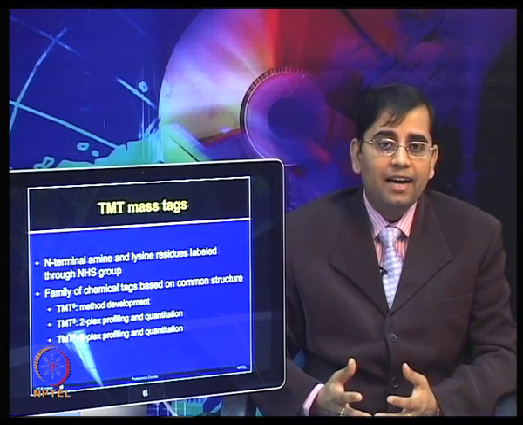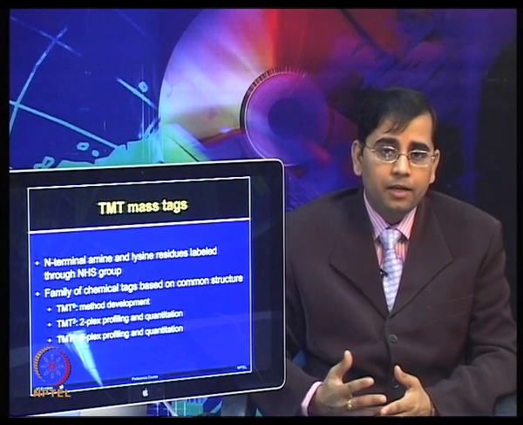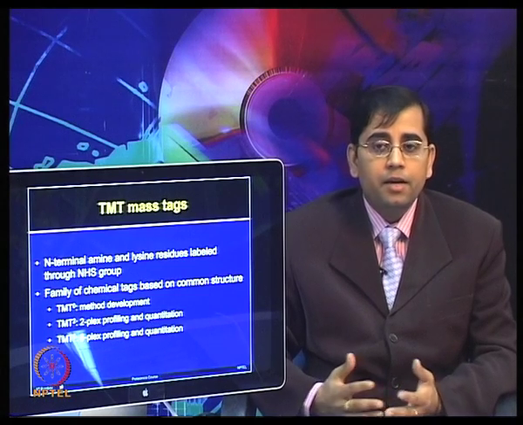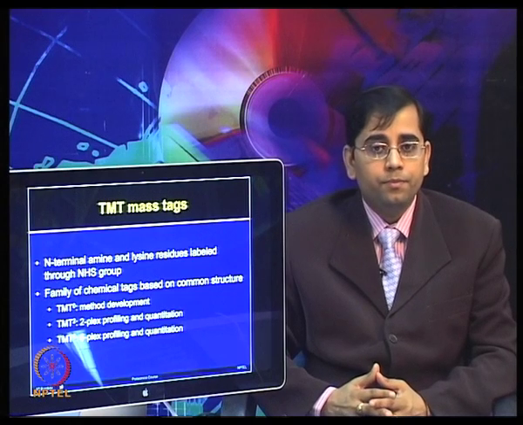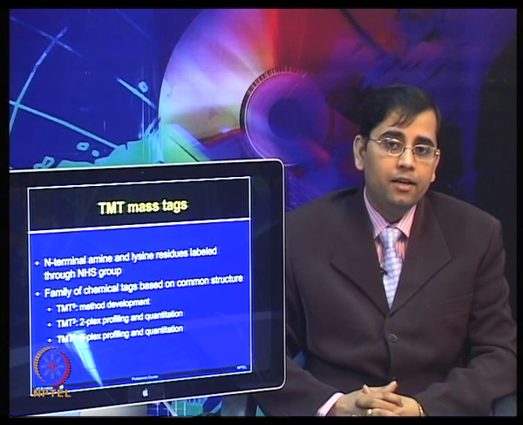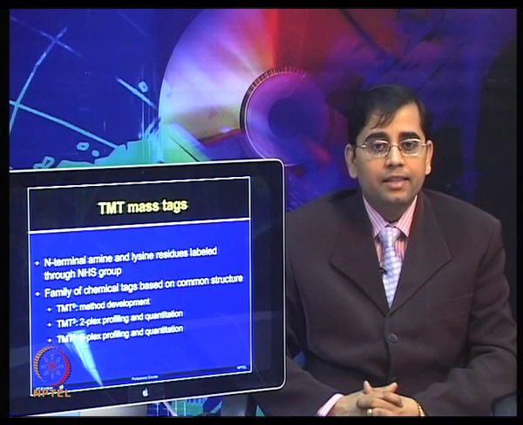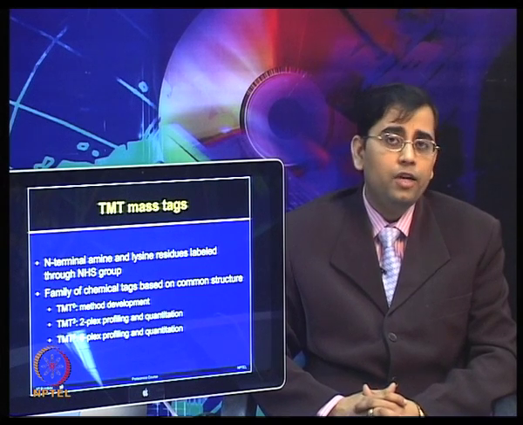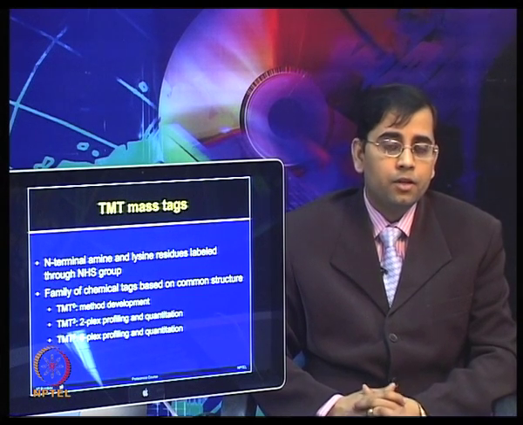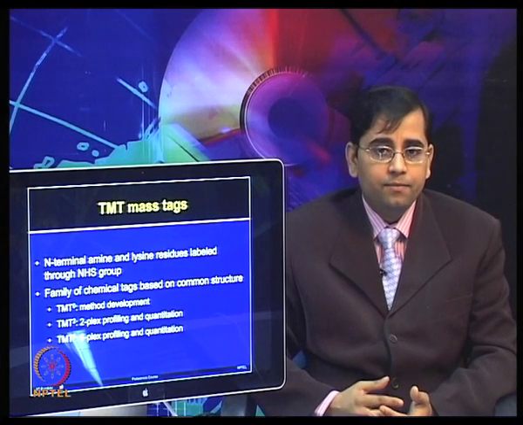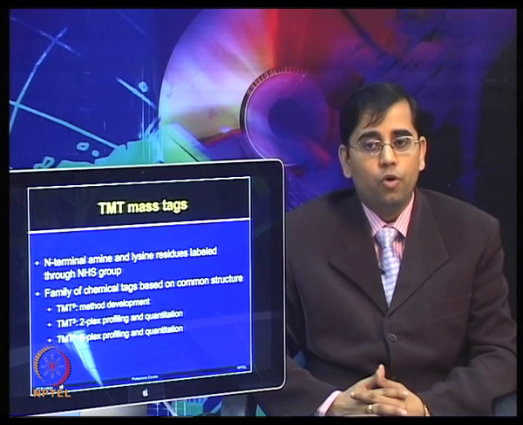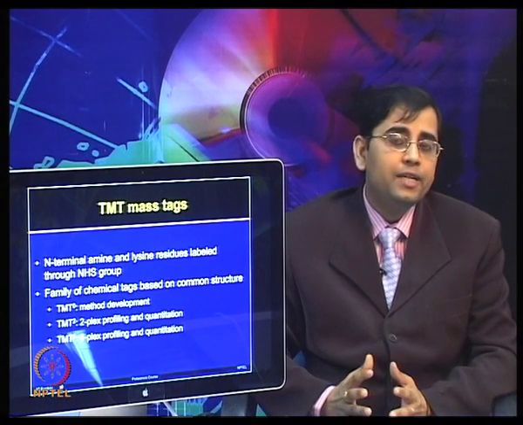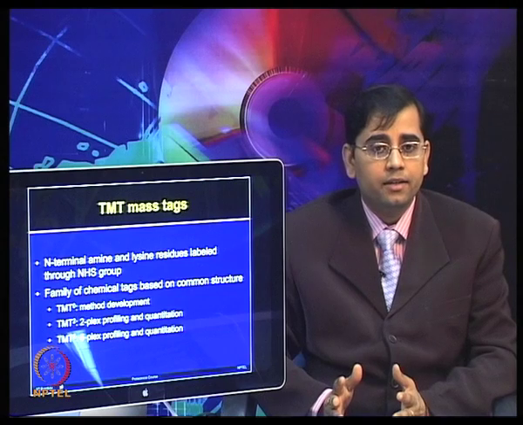While duplex and 6-plex TMT labels differ by the number of isotopic substitutions, the TMT 0 is a non-isotopically substituted structure that has been produced only for method development. During the MS-MS analysis, the TMT tags give rise to 6 reporter ions from 126 to 131 Dalton.